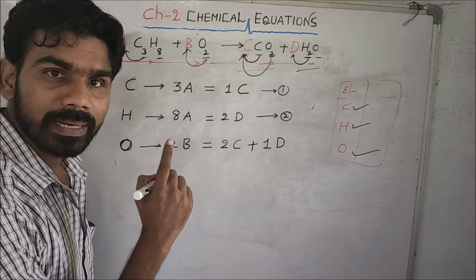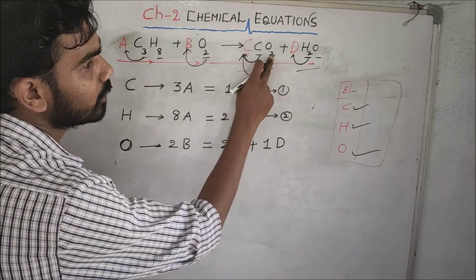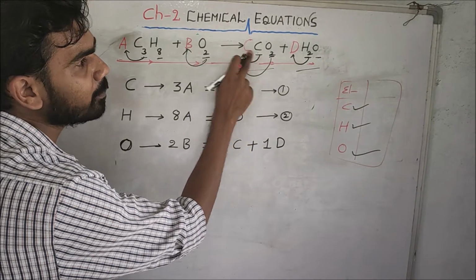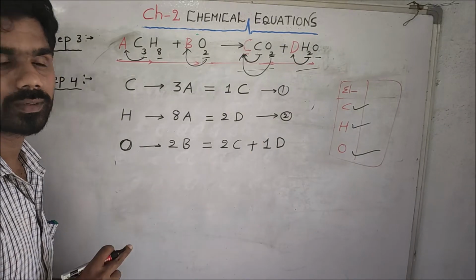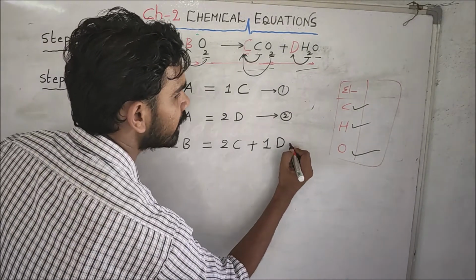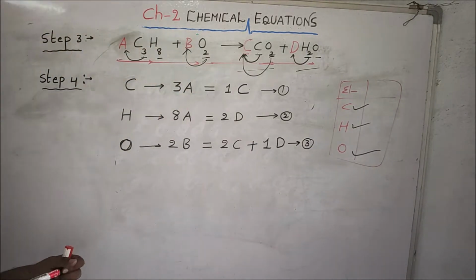When one atom is in 2 families, we have to separate them with a plus symbol. 2 oxygens in C family, 1 oxygen in D family. Hope you understood. Very good. This is the third equation. Now after that, what we have to do? Every time, step by step. What is the next step?